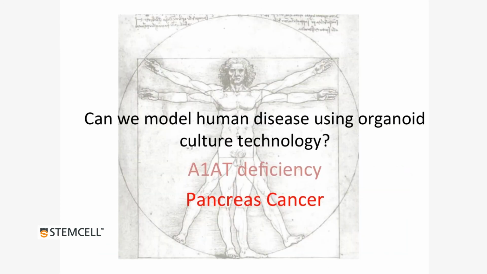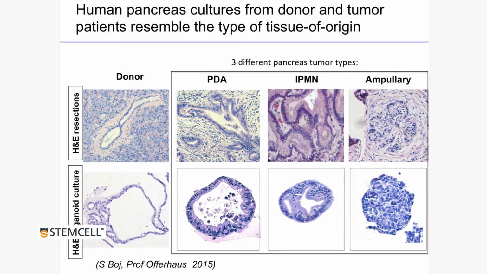In the last minute of my presentation, what I'm going to show you is how we've used this technology to model pancreas cancer. We were lucky that at the HUBRECHT we could obtain material from Professor Offerhaus at the UMC Utrecht, and this material was derived from pancreas cancer.